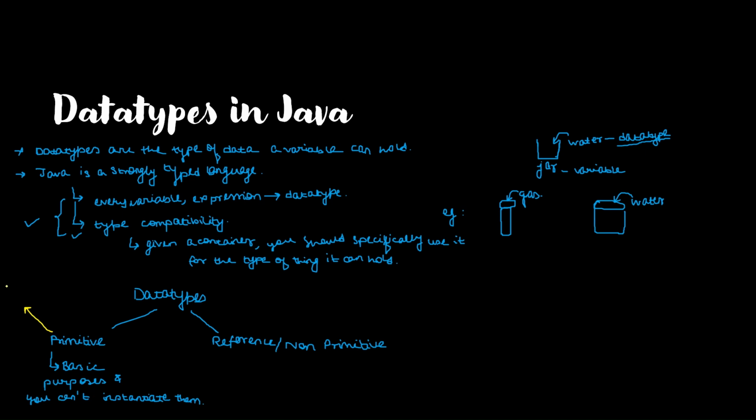The main reason why they cannot be instantiated is because of efficiency and their usage. Well, they have a very extensive usage. You should note this. There isn't any single program that you can write without primitive data types. It is said so. And efficiency, because object creation takes time in Java.